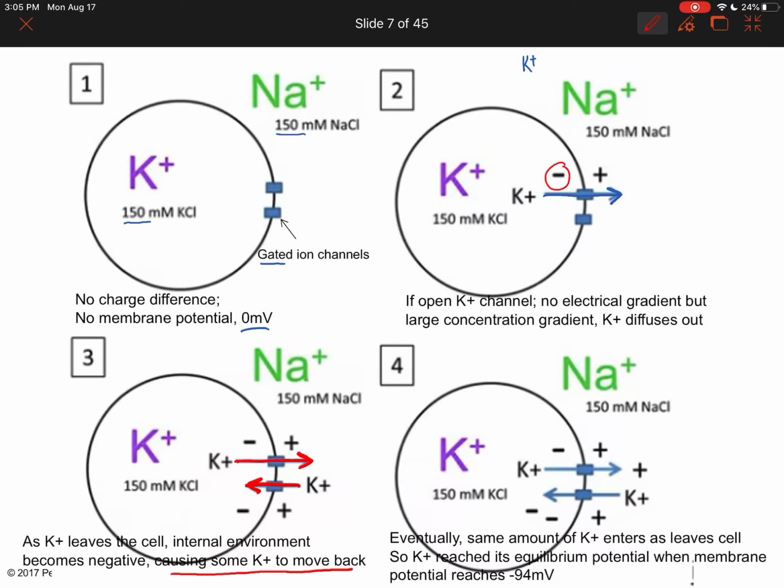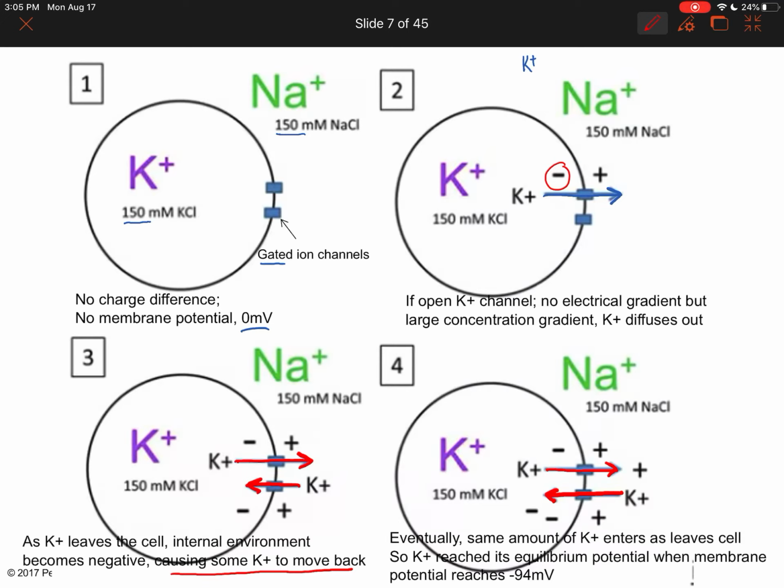So if we look at number 4, eventually the same amount of potassium ions will enter as leave the cell. We're going to have an equal and opposite action of the concentration gradient and the electrical gradient of potassium ions.